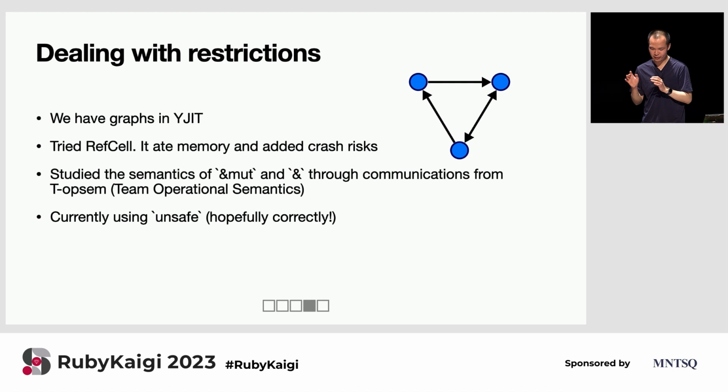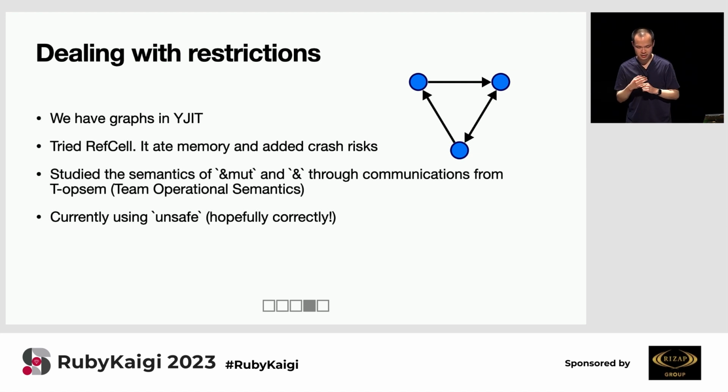The thing about this no-overlapping restriction is that it's restrictive. Things like doubly linked lists and graphs cannot be expressed under this restriction, for example. But we do have graphs in YJIT. In fact, YJIT's graphs are very important because we retain them, so they contribute to memory consumption.